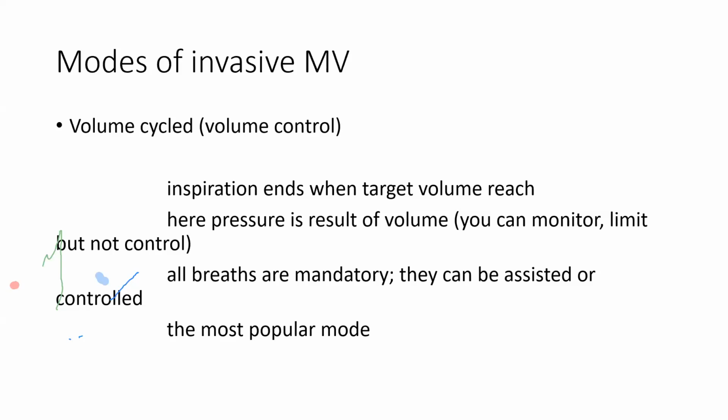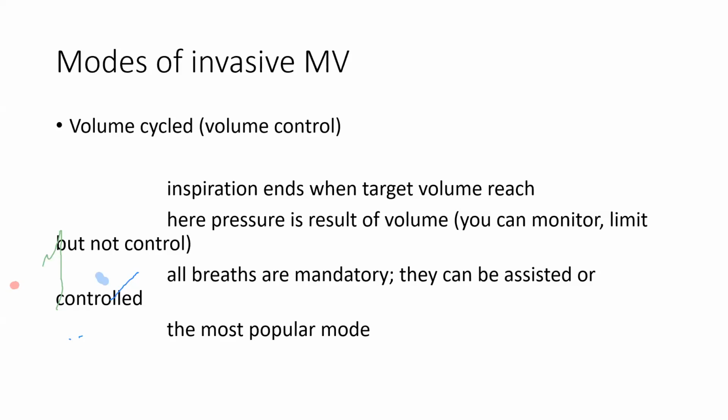You get to dictate this, but your goal is volume. So when you target a volume, the ventilator will push air this much volume you have required, and the pressure will be just a result of the volume you have decided.